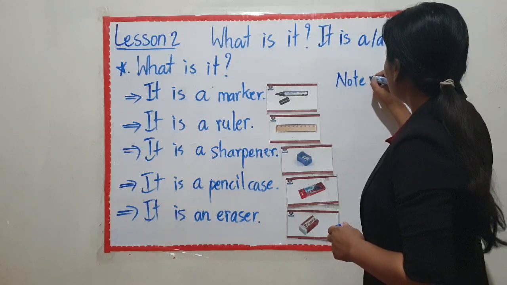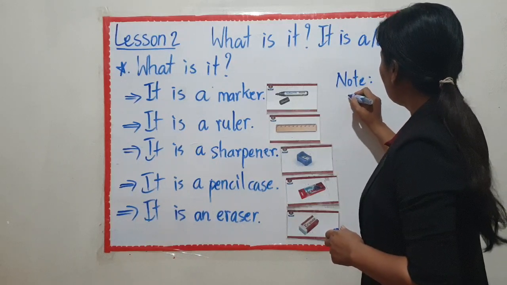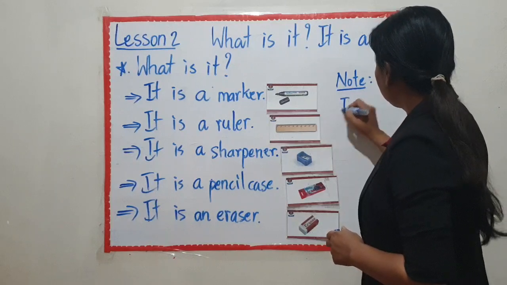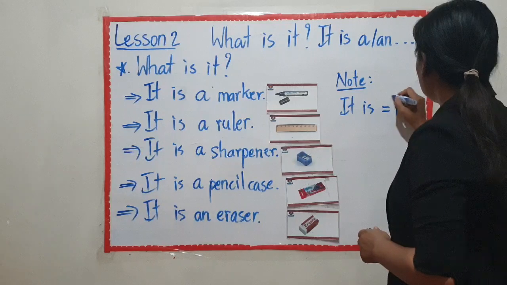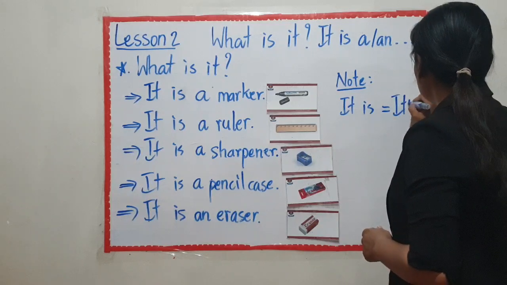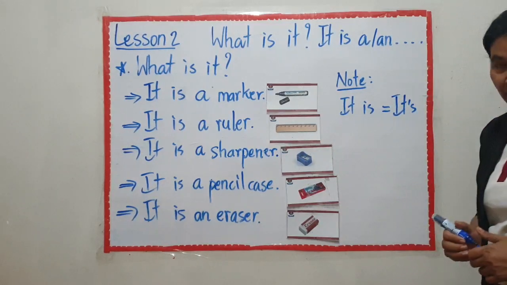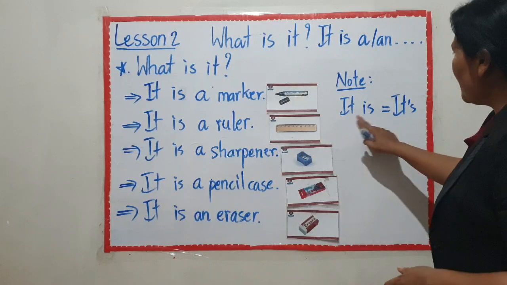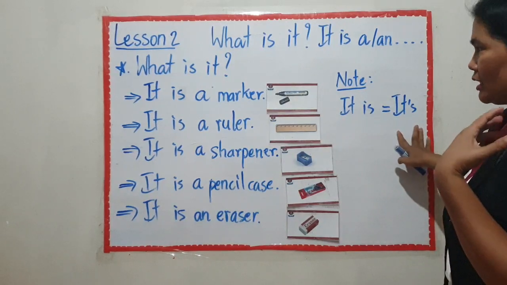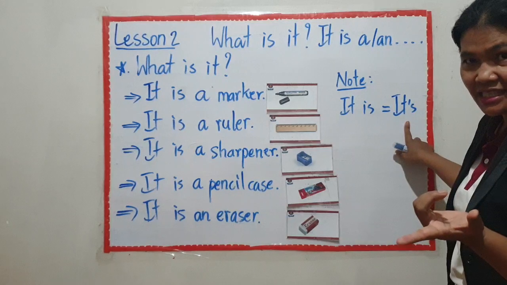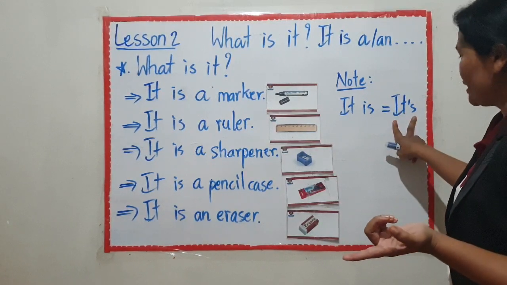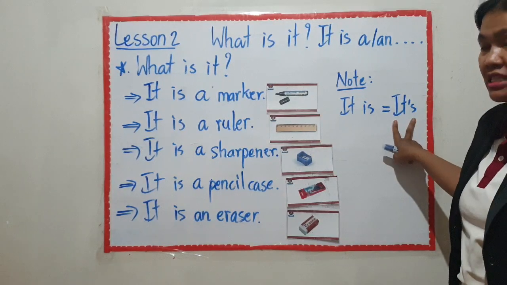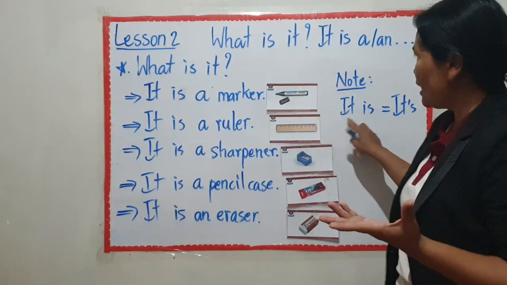Okay. Now this one. It is. You can answer it short. It's. Okay. You got it. So it is. We can make it short like this. It's. So if you want to answer with the short form, it's. We pronounce it not it is, but it's.